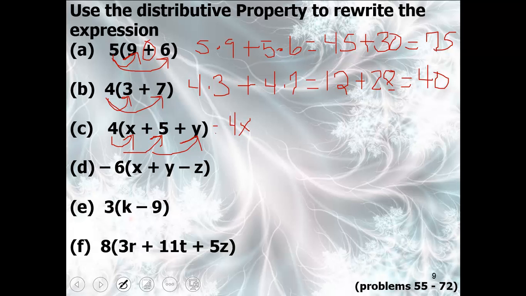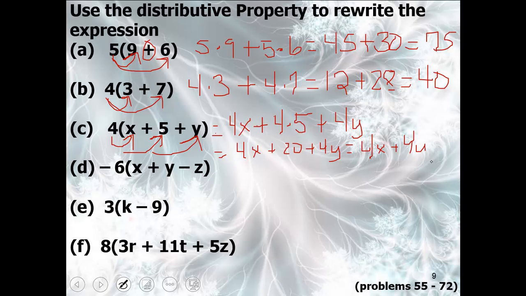What's 4 times 5? And then what's 4 times y? So we get 4x plus 20 plus 4y. And we could rewrite it by the commutative property as 4x plus 4y plus 20, because all I did was change the order of my terms.